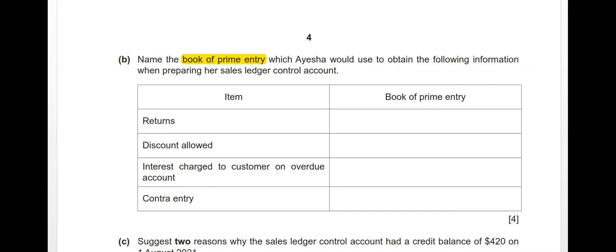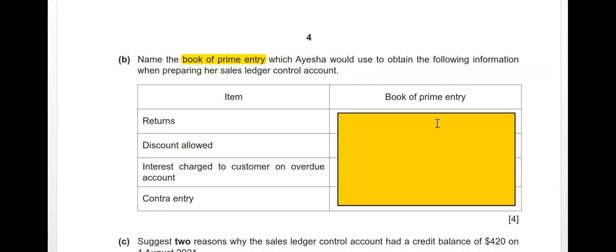The items that are given to us are returns. Now we know that the book of prime entry that will record returns is basically returns are from sales return journal, and then the discount allowed.